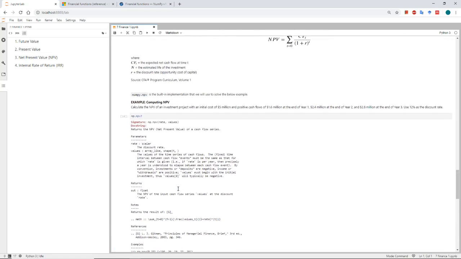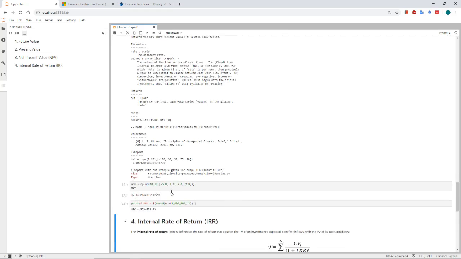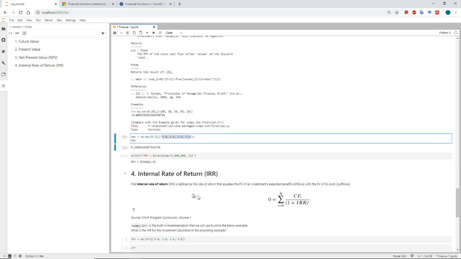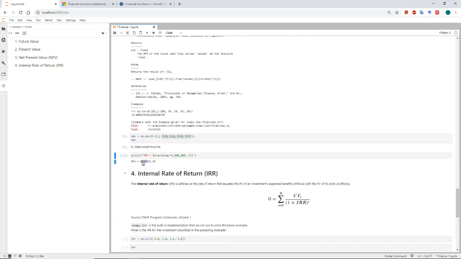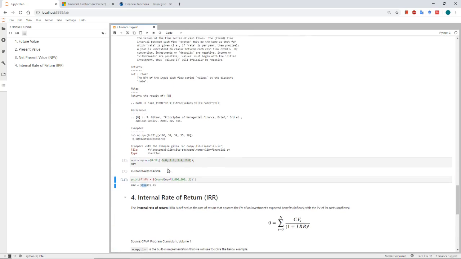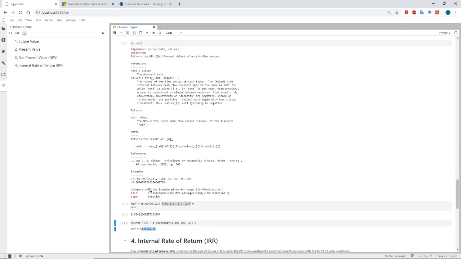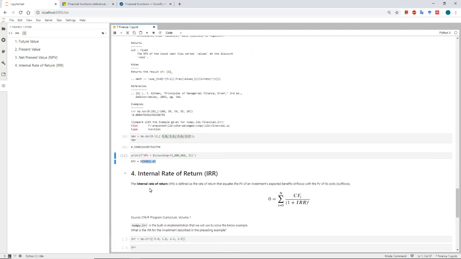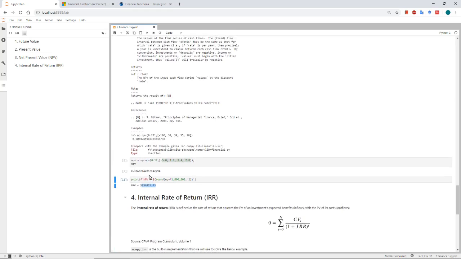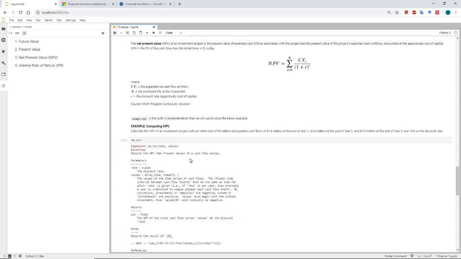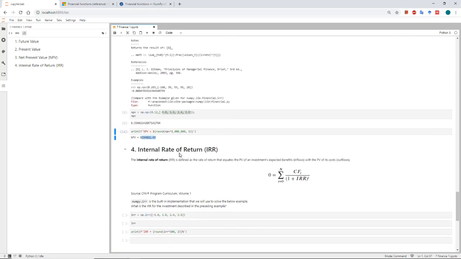Sorry, we did this in millions, so we took out the million, so it's actually 334,000 once we get back to the correct significance. Okay, so that is the NPV of this investment project.